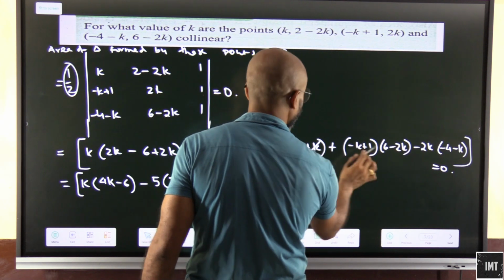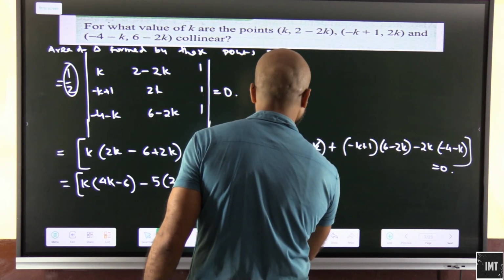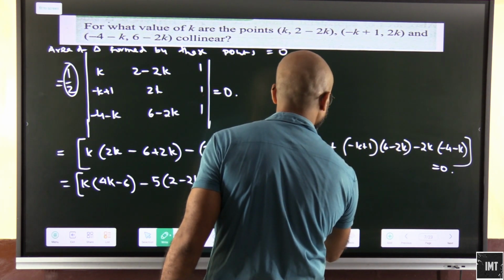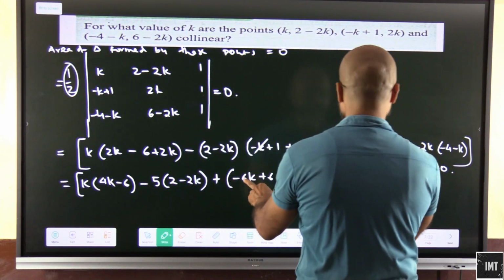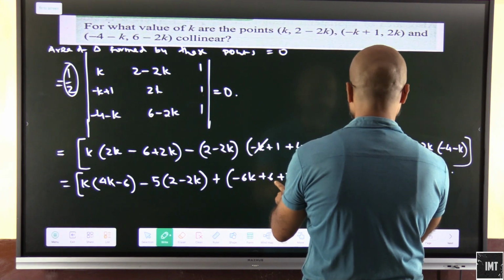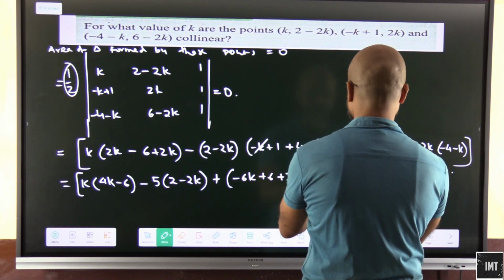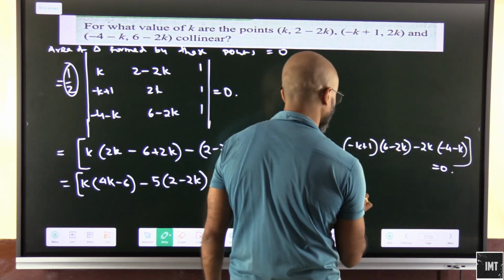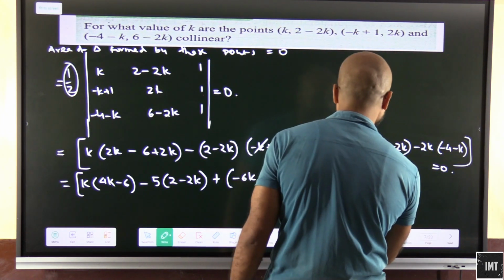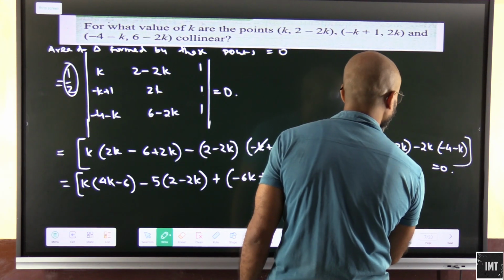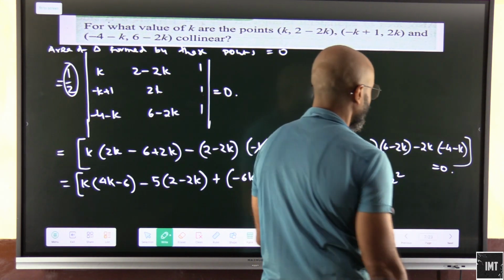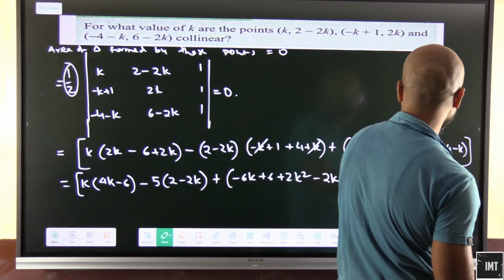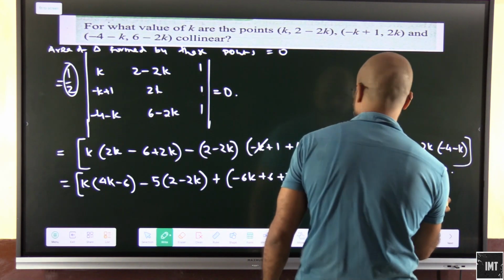plus 6 minus 6k plus 6 plus 2k square minus 2k. This will be minus, that is minus minus, this becomes plus 2k, that is 8k plus 2k square, 2 4s are 8k plus 2k square, this will be equal to 0.